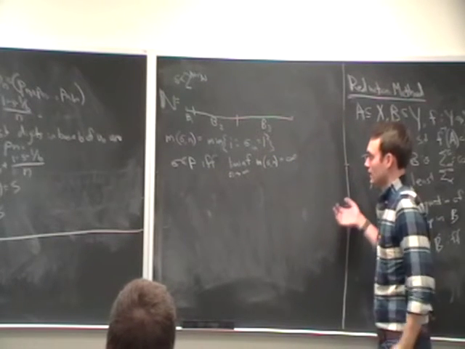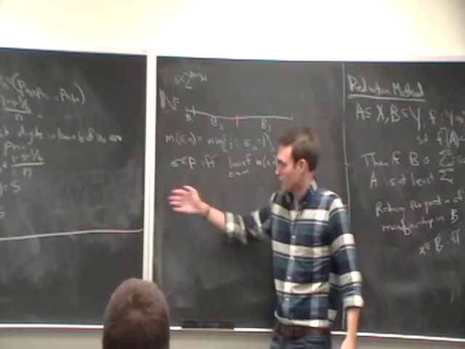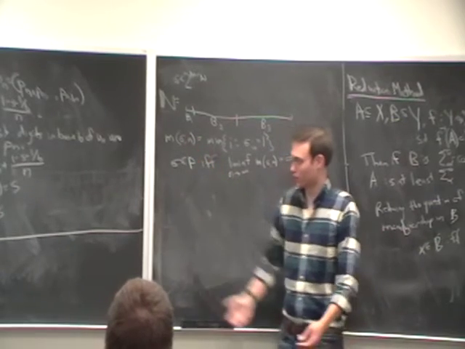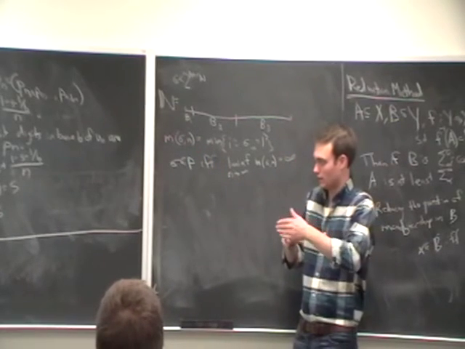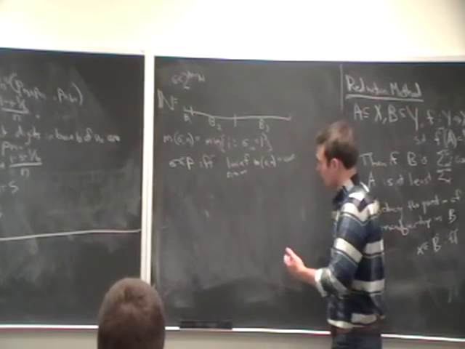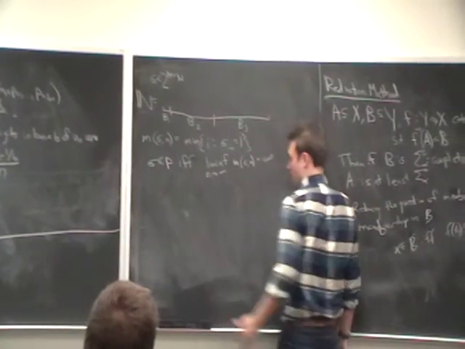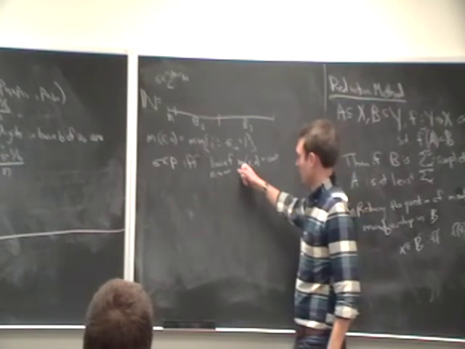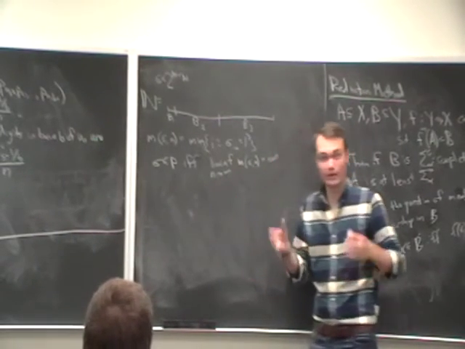To see this, if sigma is in P, then each row has only finitely many 1s. So if we let n grow very large, we're going to have to pass over more and more rows as we keep seeing zeros. On the other hand, if sigma is not in P, then there is some row that has infinitely many 1s, and so infinitely often this m of sigma, n will take on that value, and so we'll have a finite limit.